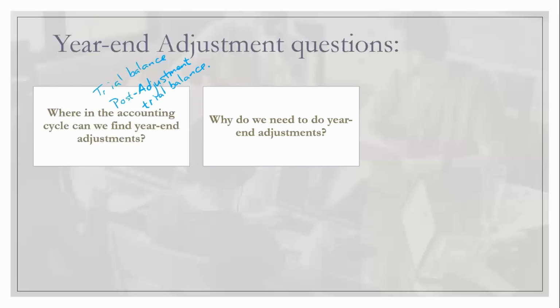If you remember correctly, we said that it is important to do year-end adjustments before we did depreciation, as this is supposed to be at year-end. We have to have the correct amounts. And if we have the correct amounts, we'll have correct financial statements.